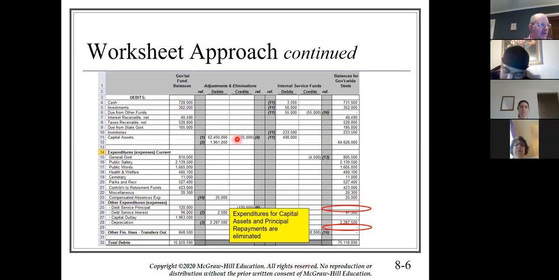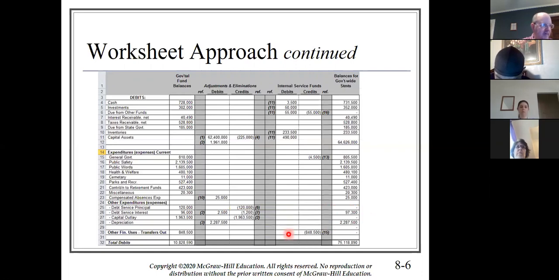They're counting it as a capital asset, so they can't count it as an expenditure and an asset at the same time. Plus, they're also recording depreciation for it wearing out. So this has to be done as part of the conversion from modified accrual to accrual basis.